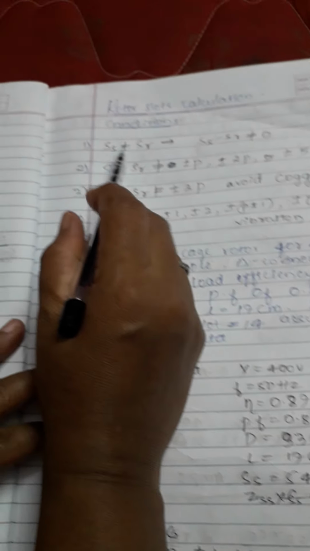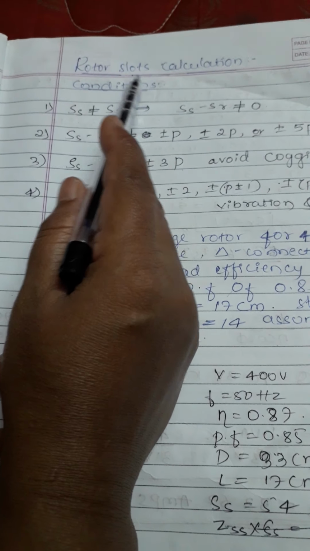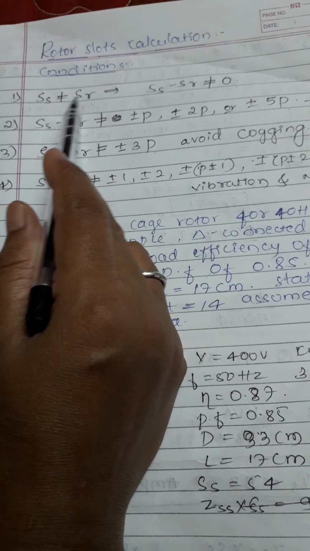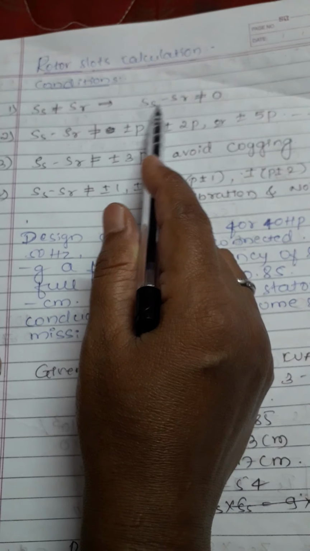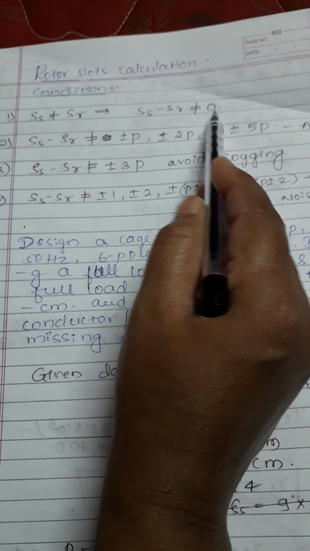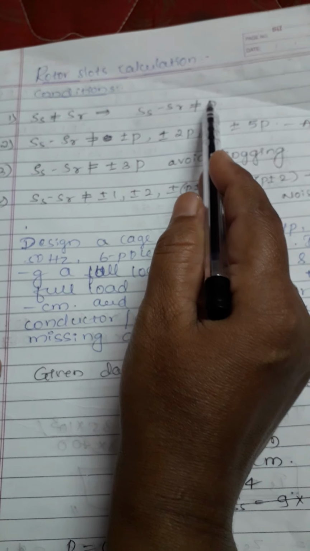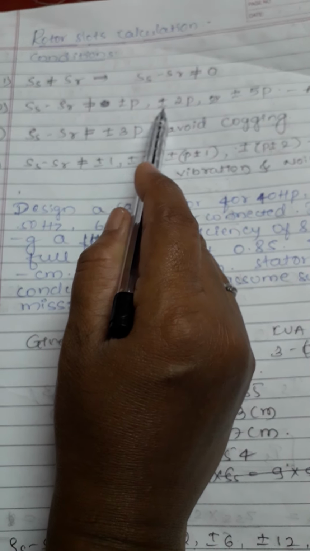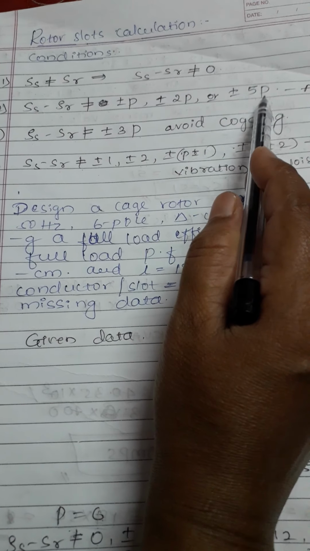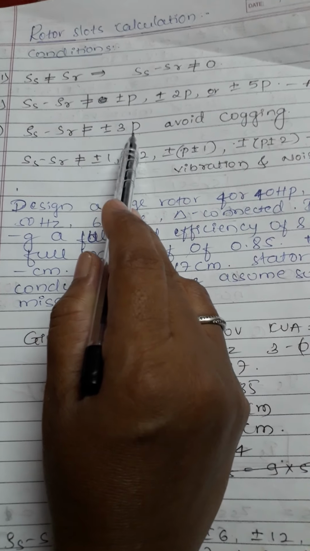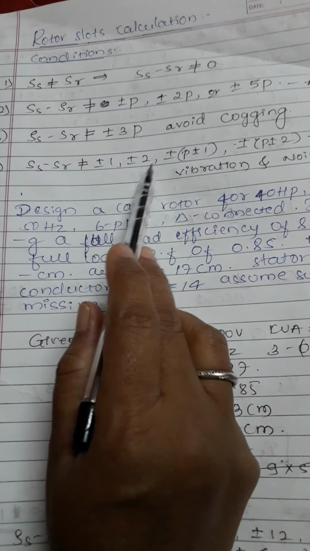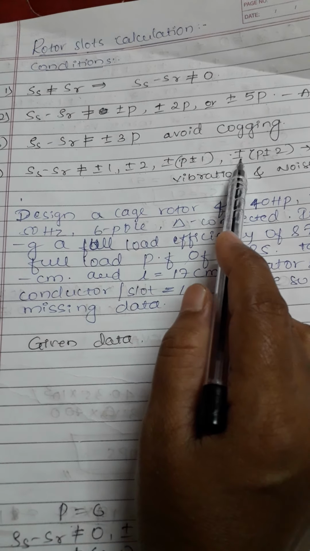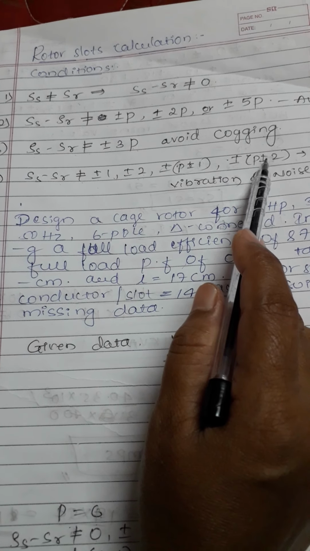video I had explained to you the conditions for rotor slots: SS is not equal to SR, that is, SS minus SR is not equal to 0, plus minus P, plus minus 2P, plus minus 5P, plus minus 3P, plus minus 1, plus minus 2, and P plus minus 1, P plus minus 2.